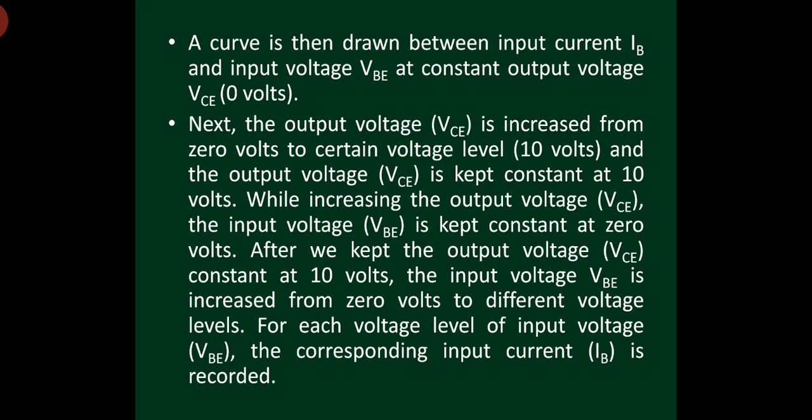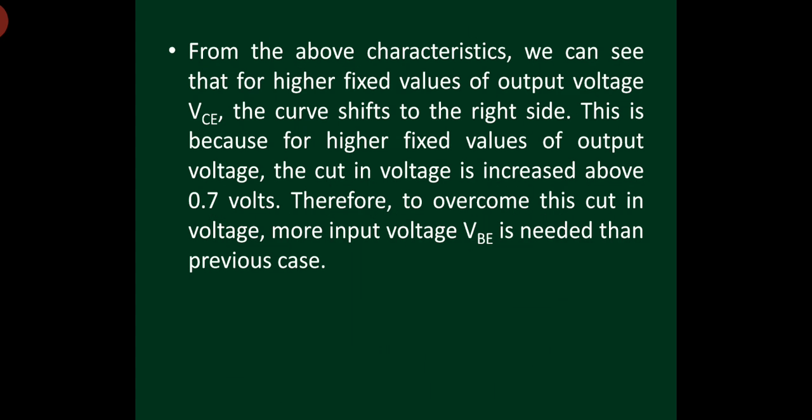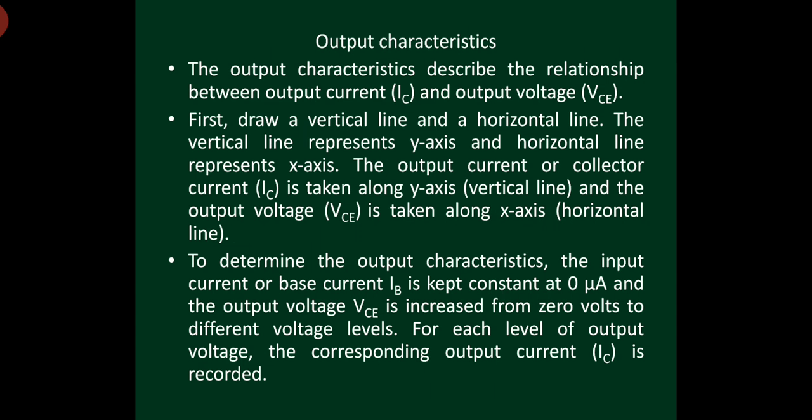Okay, so this is about input characteristics. Now move on to output characteristics. Output characteristics are always drawn between output voltage versus output current by keeping input current constant at different fixed values. Irrespective of the type of transistor, whether NPN or PNP, and irrespective of the configuration, whether common base, common emitter or common collector, the output characteristics are drawn between output voltage and output current for different fixed values of input current.